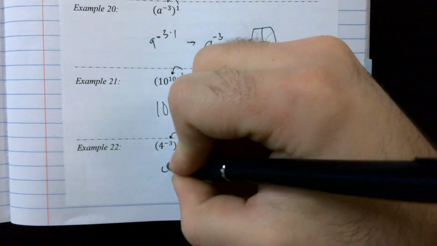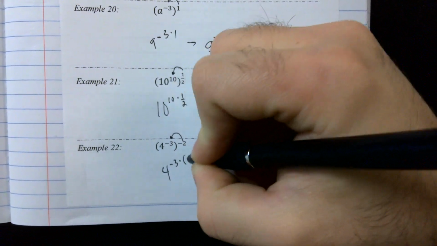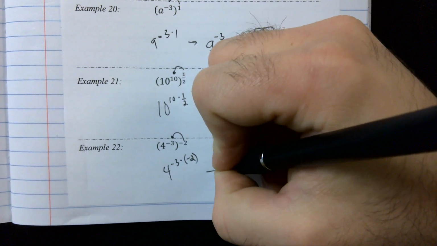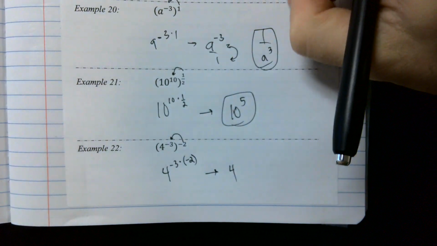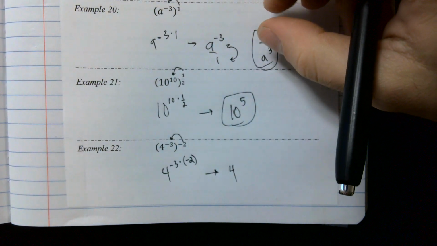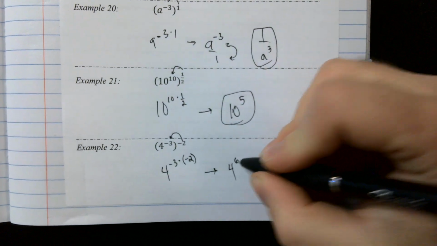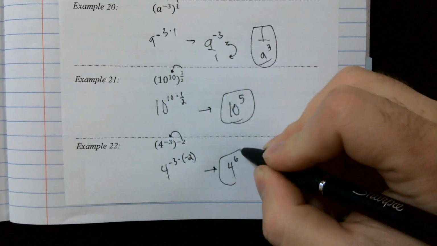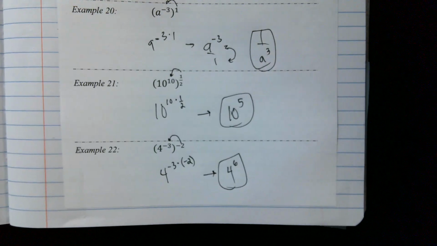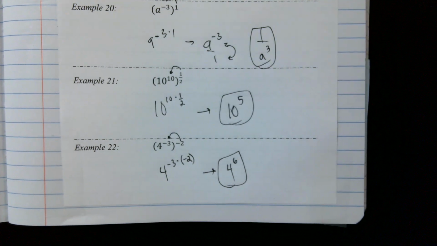And last but not least, I distribute my negative 2 to the negative 3. What's negative 2 times negative 3? Exactly right. Positive 6. Negative times negative gives me a positive.